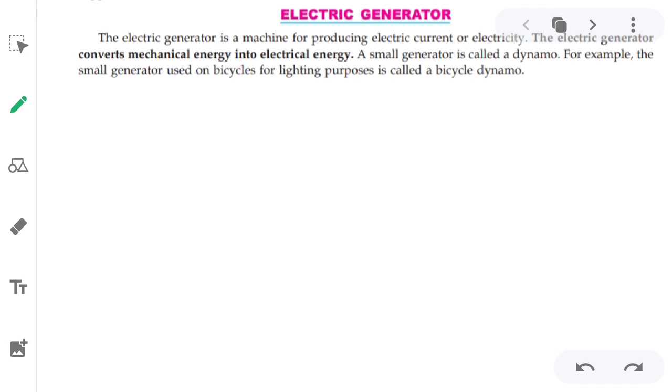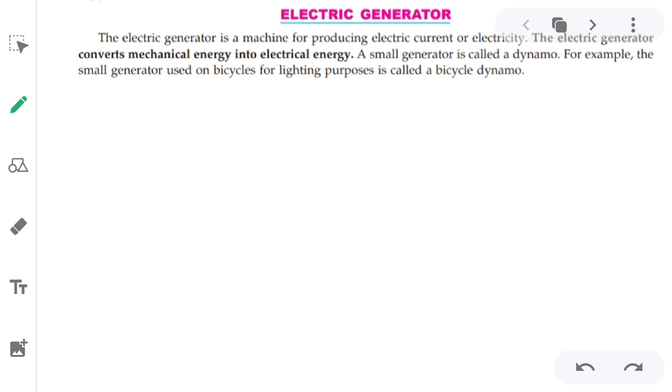Before we go to the construction and all, we should know the principle on which an electric generator works, or what its main function is.